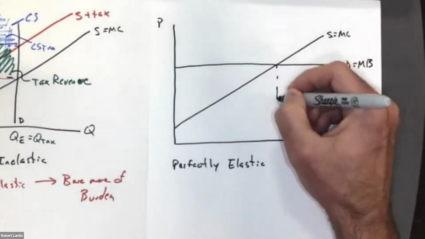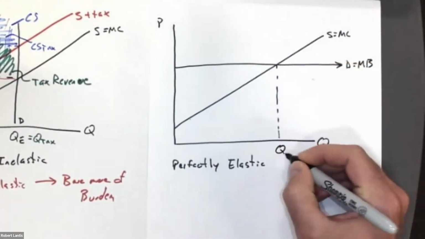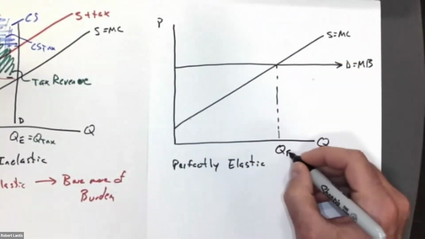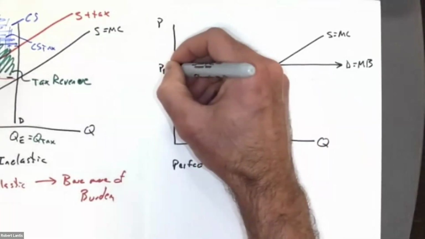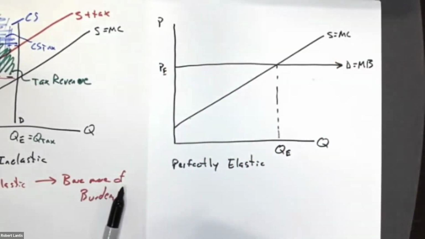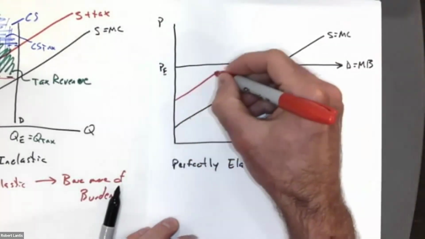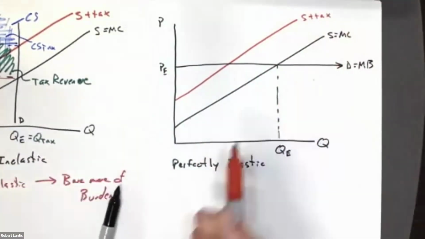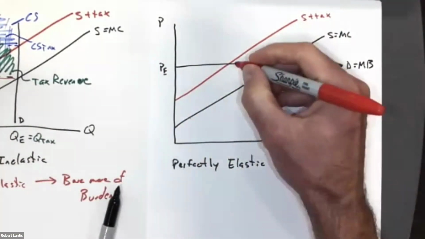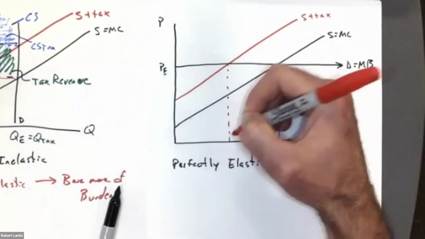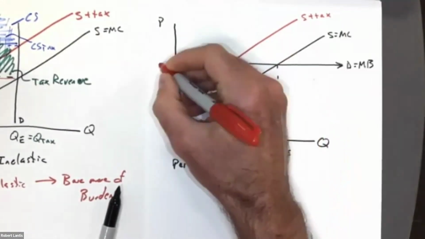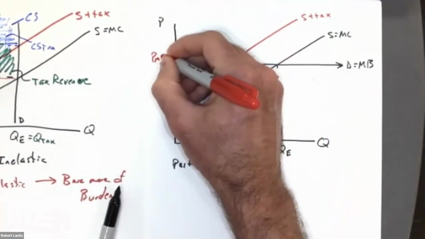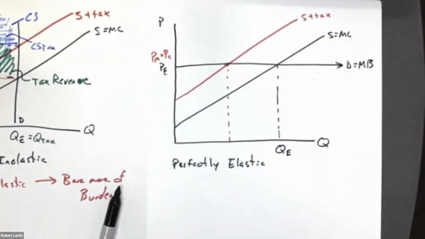So where was the old quantity? Okay, so here we've got old equilibrium quantity, old equilibrium price. If I see a tax, same tax as we had before, but now demand is perfectly elastic, what's the new price on the market? Well, it actually ends up being the exact same as the old equilibrium price.